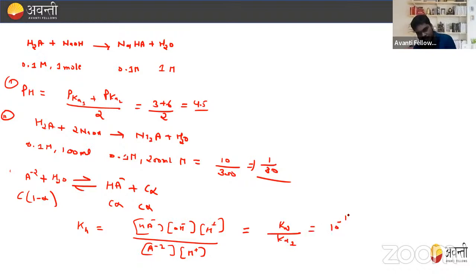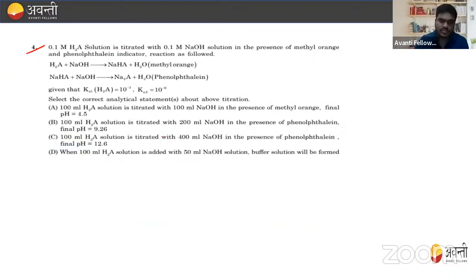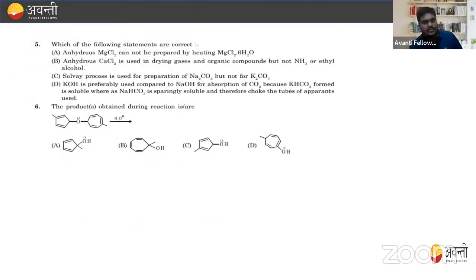Kw we all know is 10 to the power minus 14, and Ka2 is 10 to the power minus 6, so this will come to 10 to the power minus 8. This one is absolutely correct. So which option is correct, beta? The fourth option, A, B, C, and D. So all four options are correct for this question. I hope this is clear to you.